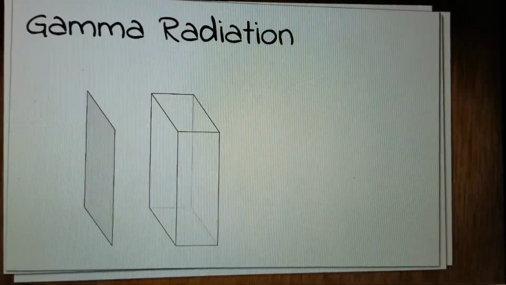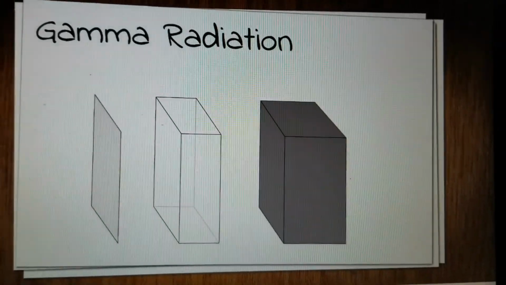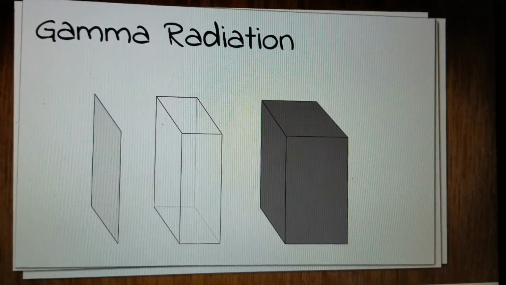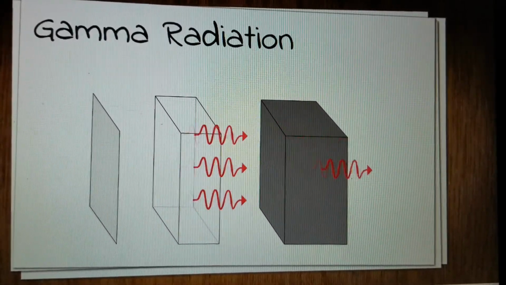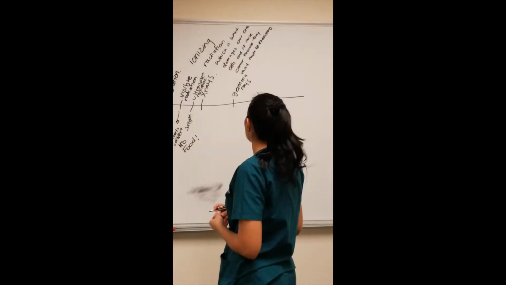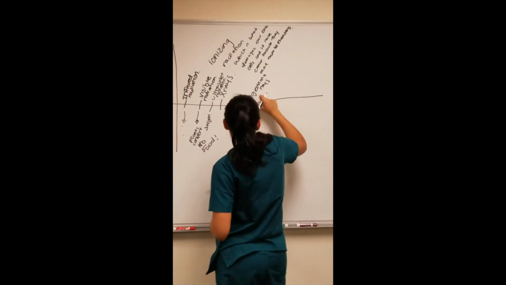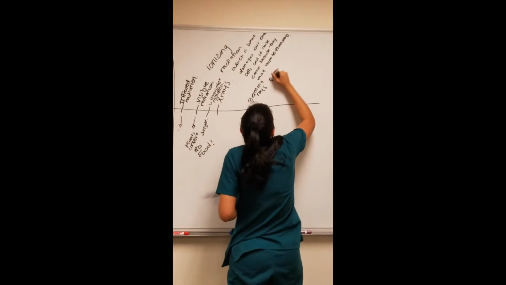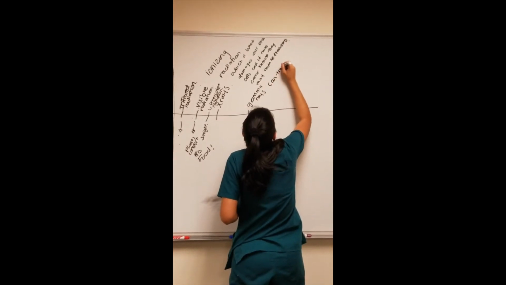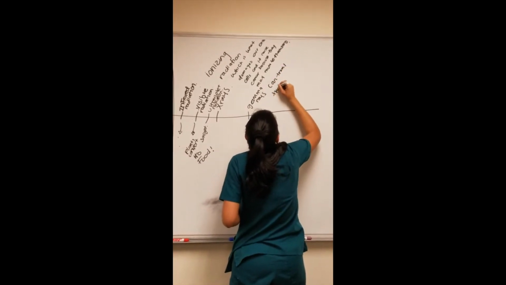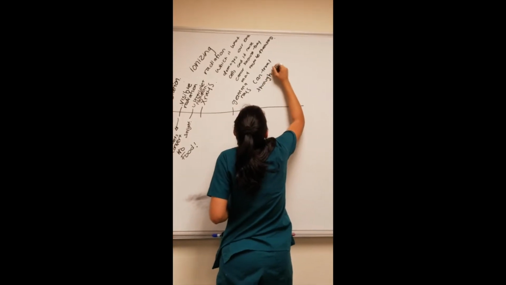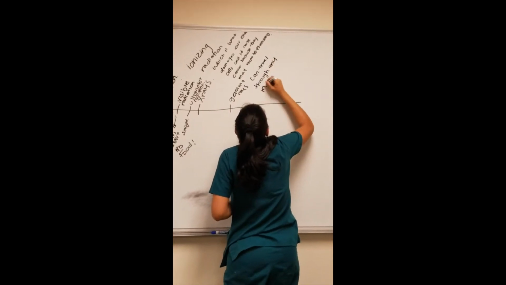The gamma radiation photons penetrate easily and ionize the surrounding atoms as they pass through matter. Gamma rays are the most dangerous because this type of ray can travel through any material.